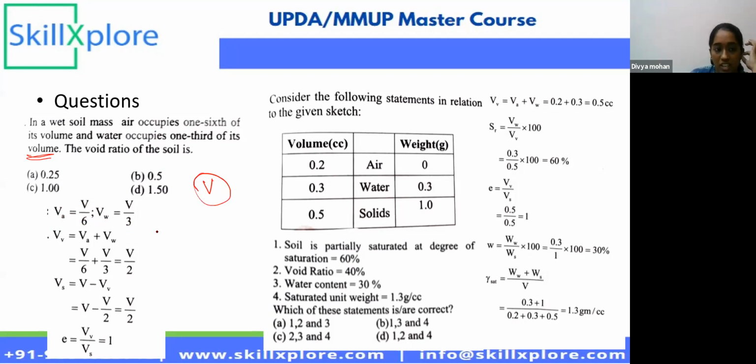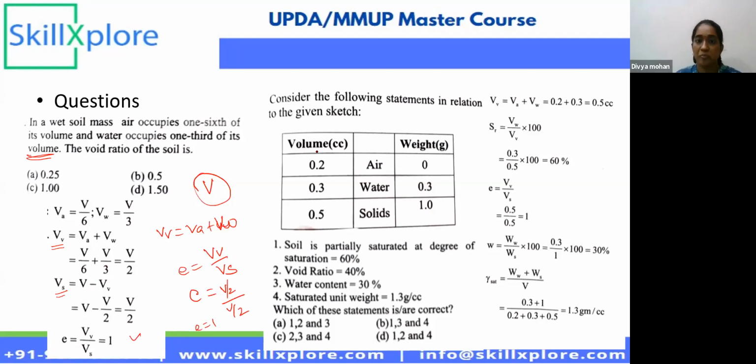We know that VV is nothing but VA plus VW, so V by 6 plus V by 3, which is equal to V by 2. VS is also V by 2, and e is VV by VS, so e is equal to (V by 2) by (V by 2), so e is equal to 1. It's a very simple problem, and we can expect this type of problem in the exams also.